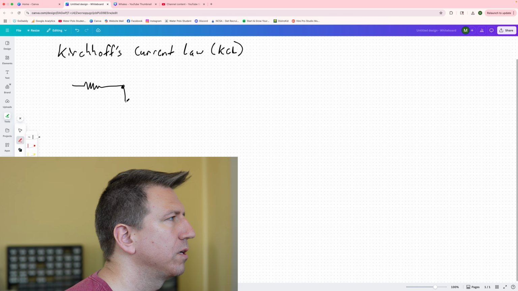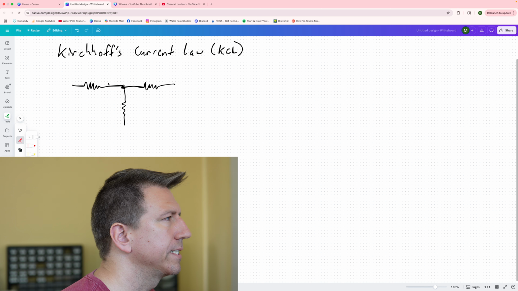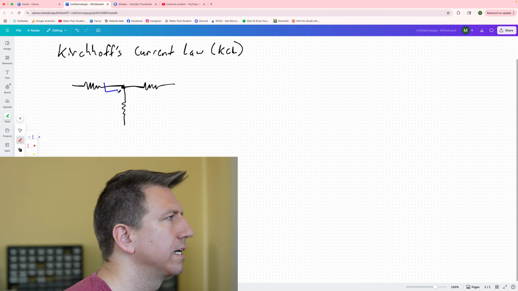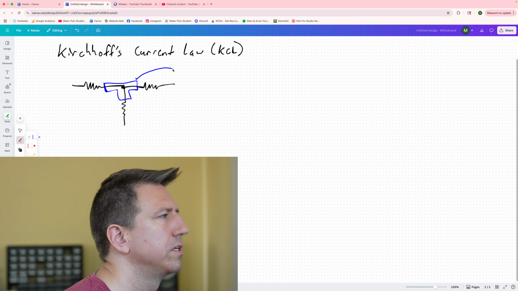where we have a couple of resistors and this section here in the middle, which is a junction of wires. I like to box it, and we call this thing a node.